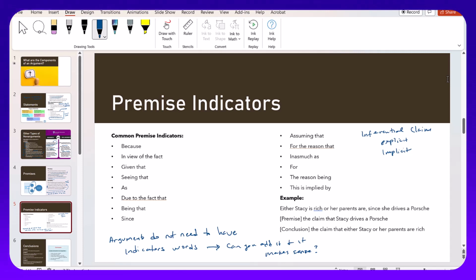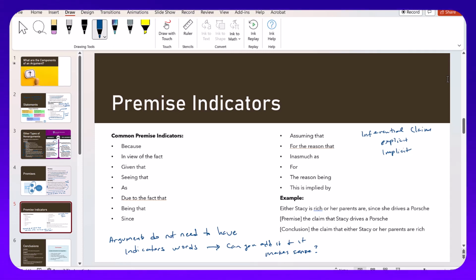So here are a bunch of common premise indicators. Because works for both. In view of the fact, given that, seeing that, as, due to the fact, being that, since, assuming that, for the reason that, in so much as, for the reason being, this is implied by. There are some other ones too. These are the most common ones that you'll see, right?